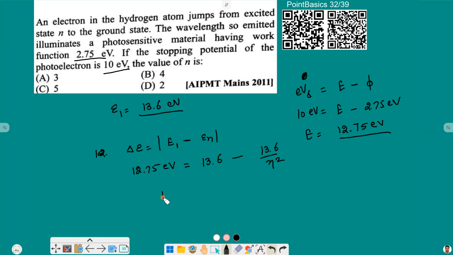From this we get 13.6 by n square is equal to the difference of these two, and that comes out to be 0.85. From that n square is 13.6 by 0.85, which is approximately equal to 16, and from that n comes out to be 4. So option B will be the right answer.